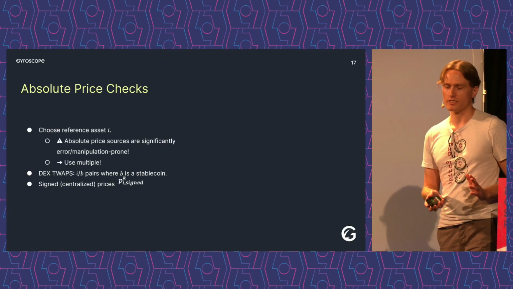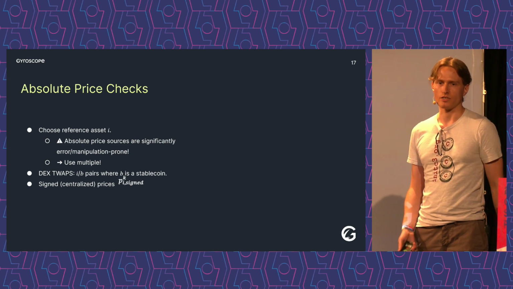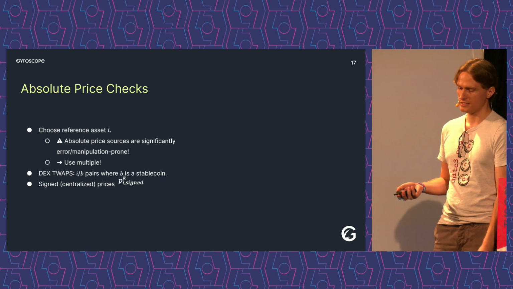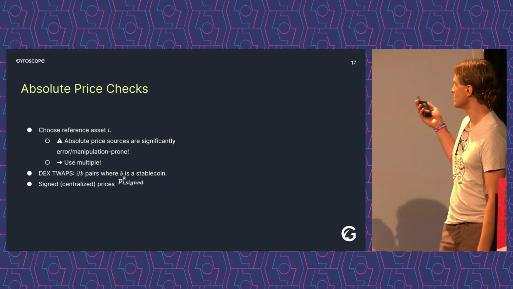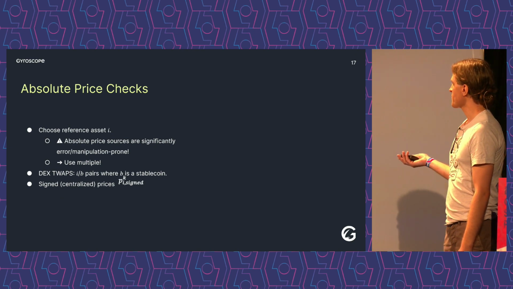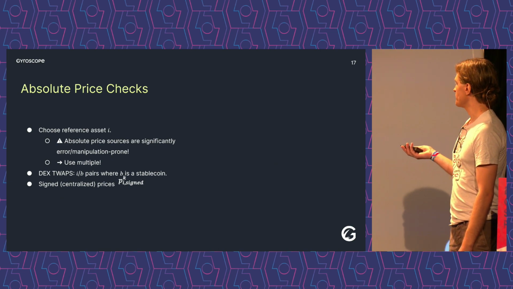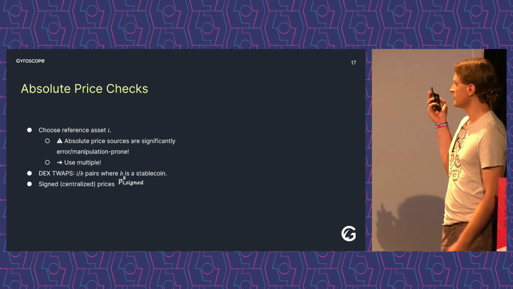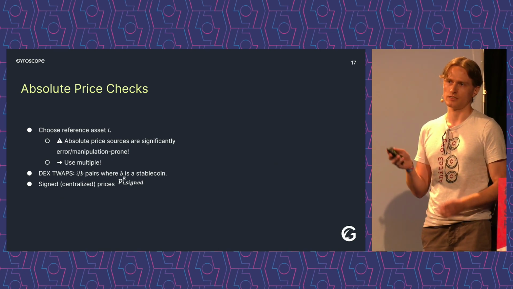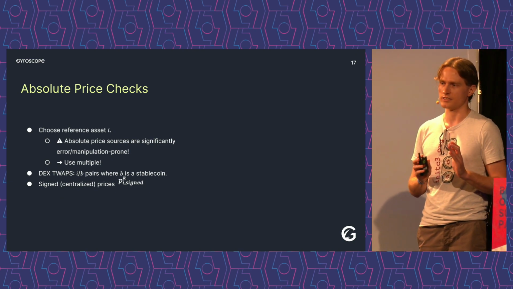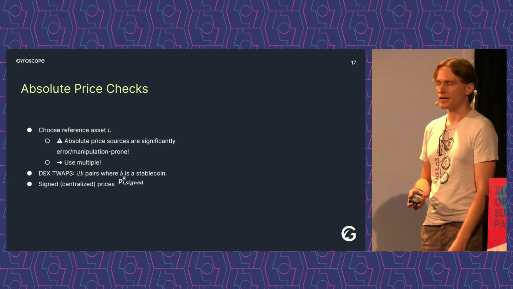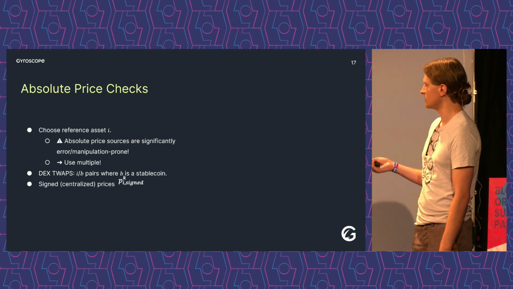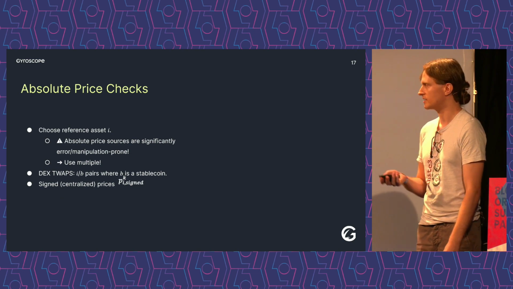And then the absolute price check is the more tricky one, because here you need to ground to the USD quote asset, but of course it doesn't exist on chain. So what we're doing is using many different sources here. We're using some DEX TWAPs that interpret stablecoins as their own sort of oracles, but in a way that's a little bit resilient to any individual stablecoin depegging, or even multiple stablecoins depegging downward.